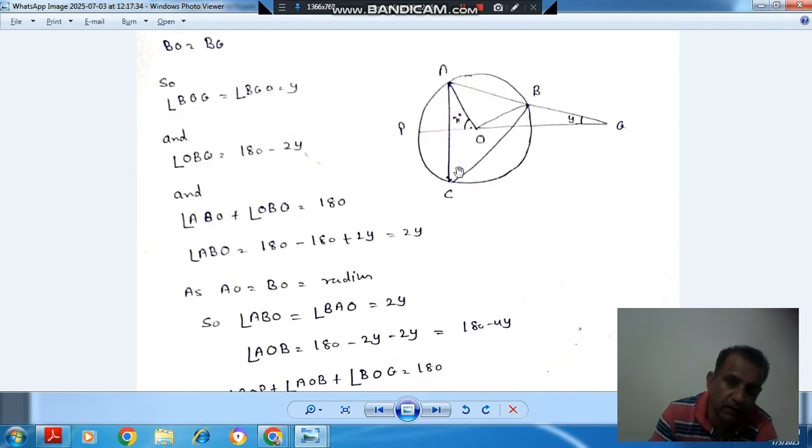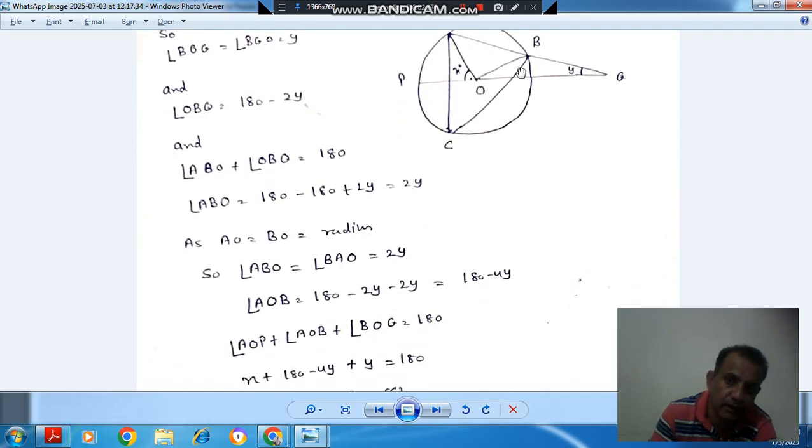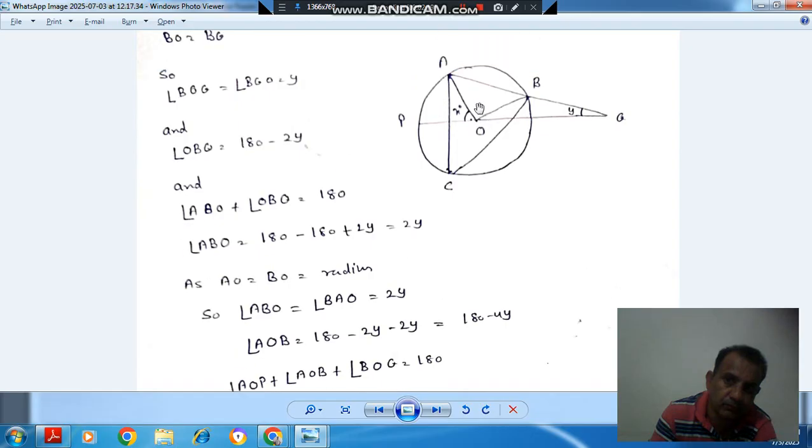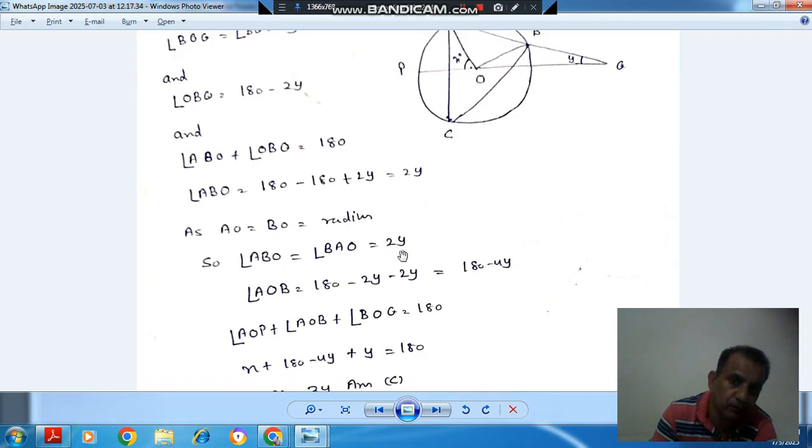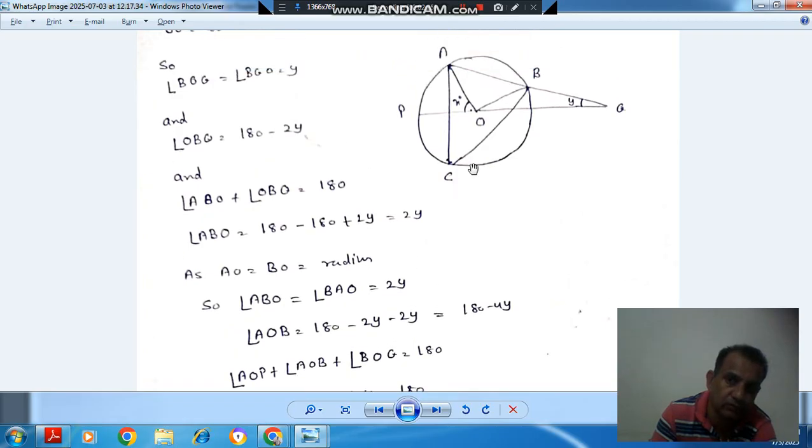So angle ABO will be 2Y. As BO is radius, AO is also radius, so this angle will be equal to this angle. So angle ABO will be equal to angle OAB, or BAO, and this is 2Y, this is 2Y.